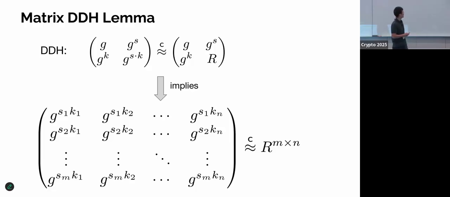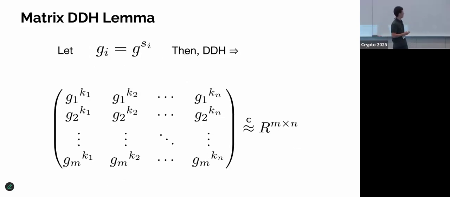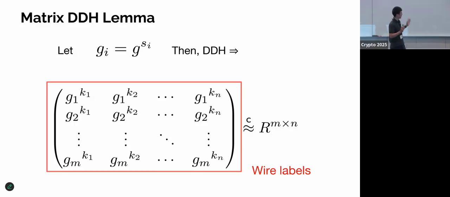To see it, you can just replace every entry of the matrix one by one using DDH. So this matrix, which is a rank 1 matrix in the exponent, we can show is pseudo-random. For simplicity, I will just write g to the S_i as g_i. So we'll use this matrix, and spoiler alert, we'll use it as our Y labels.